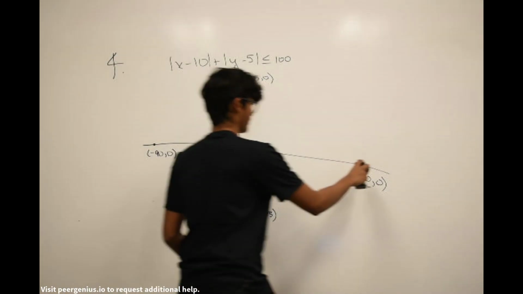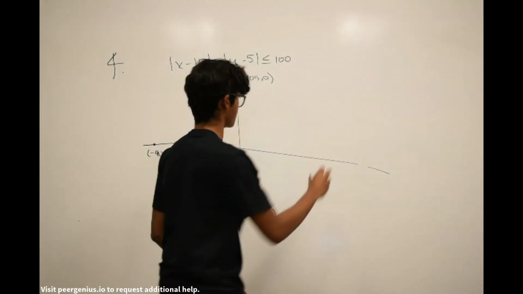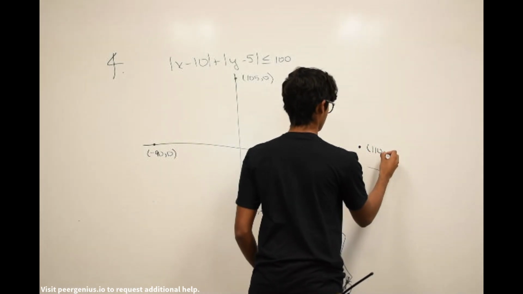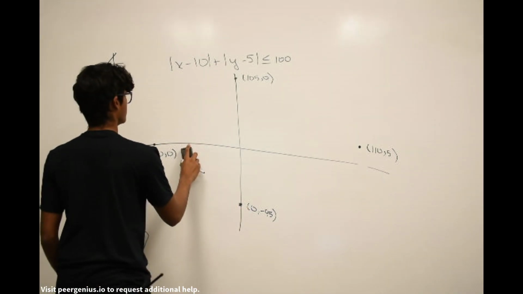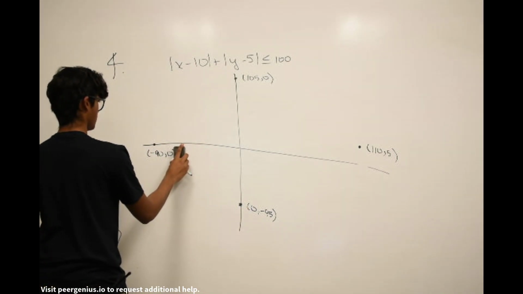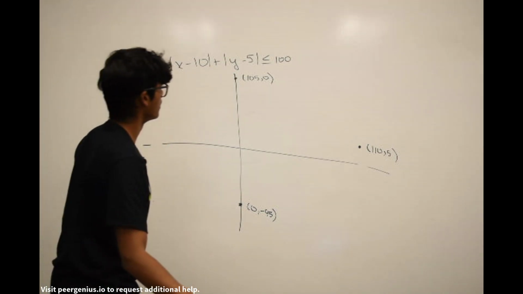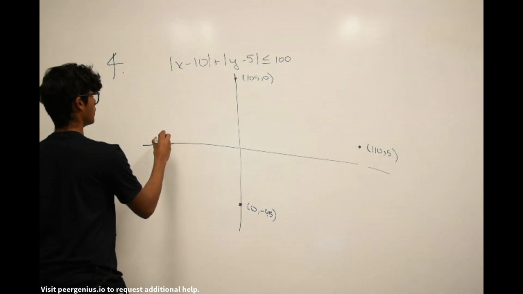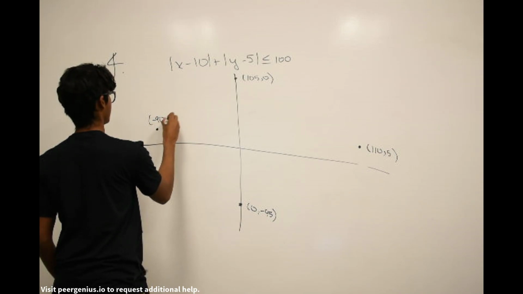My bad. Here it should be 110, comma 5, because you want y minus 5 to equal 0. And here it should be negative 90, comma 5.